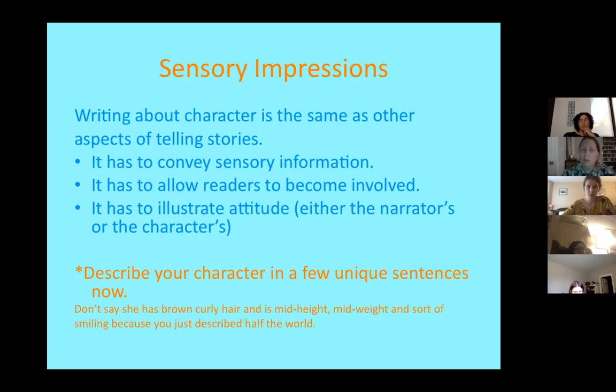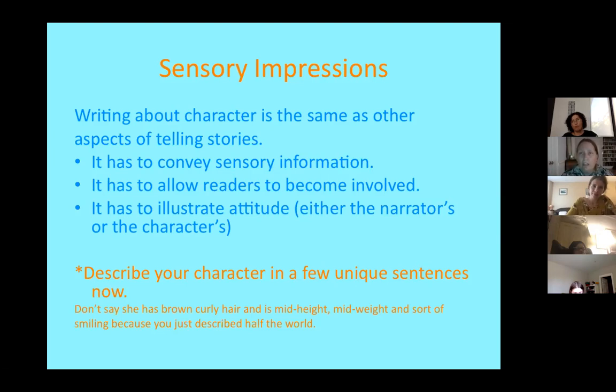So I want you to take a second, choose a character, any character that you want, and describe this character in a few unique sentences using sensory information. I really, really want you to avoid something like, she has brown curly hair, is mid-height, mid-weight, and sort of smiling, because you just described half the world.